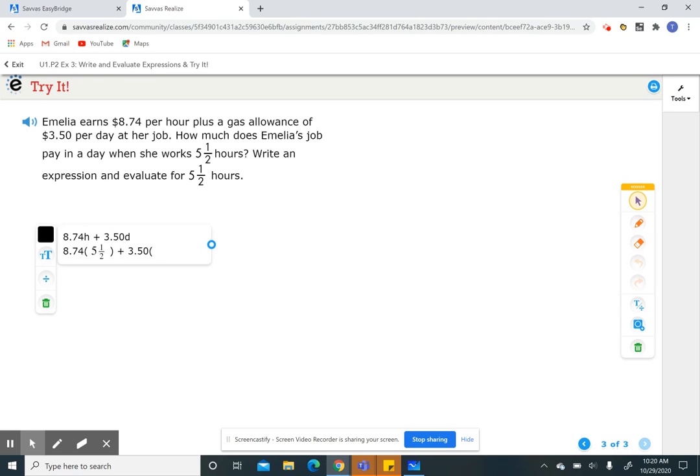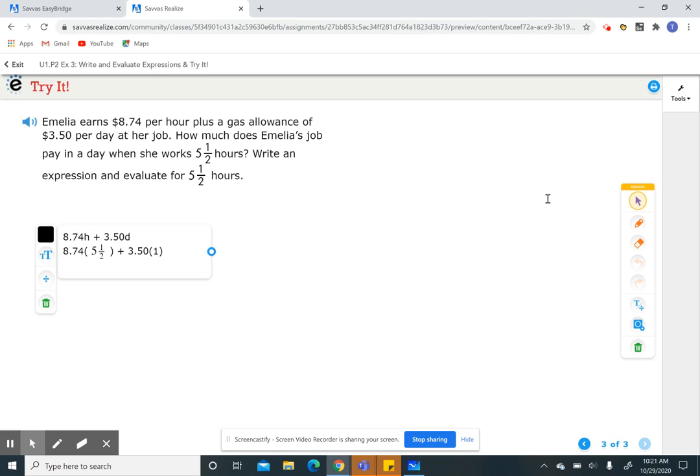And if we look, it says, how much does Amelia's job pay in a day when she works 5.5 hours? So in this case, a day means 1 day. Now, if it would say, how much would Amelia's job pay her in 3 days when she works 5.5 hours per day, you would use 3 instead. So right now it's just 3.50 times 1 because we're only talking about a single day.